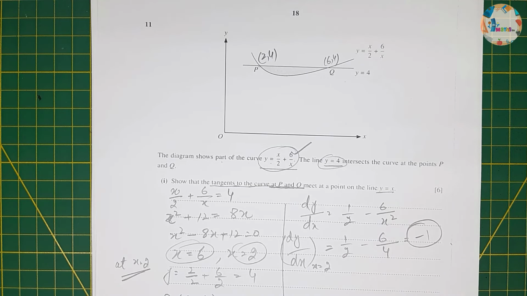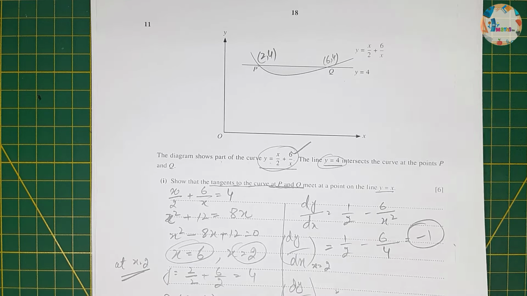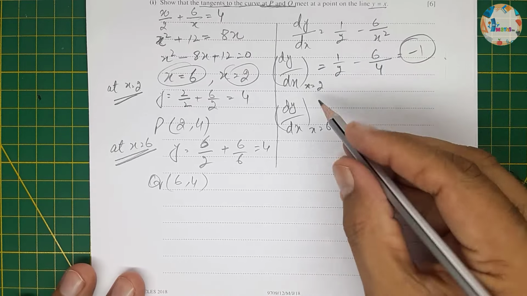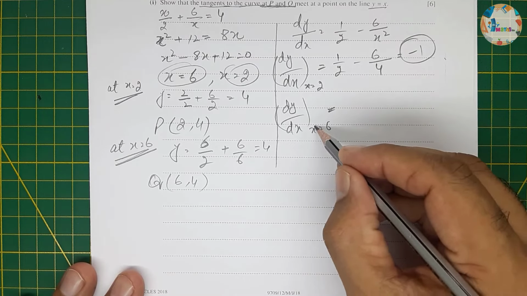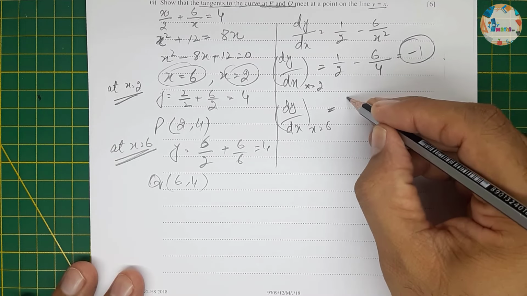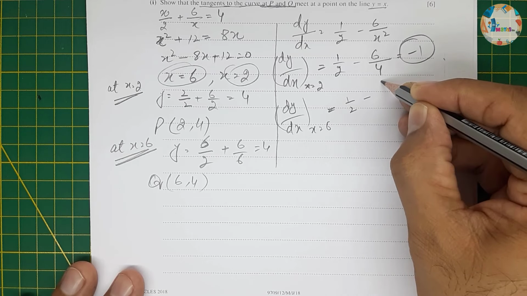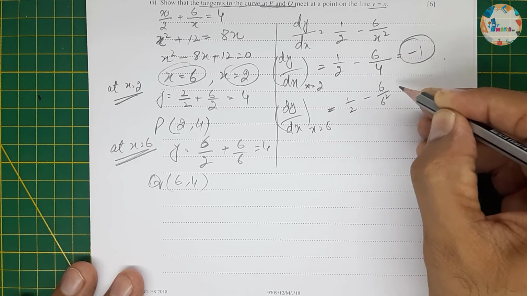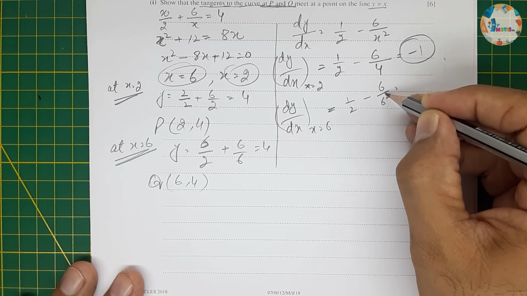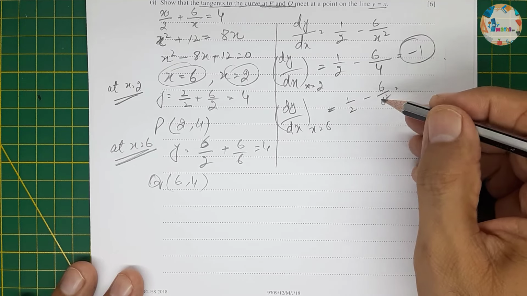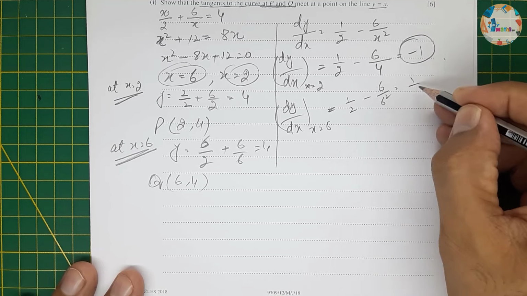So this will be minus 1. And the second, dy over dx at x is equal to 6, we'll move the page, will be equal to 1 by 2 minus 6 over 6 squared, which is 1 by 2 minus 1 by 6, which will be equal to 1 by 3.